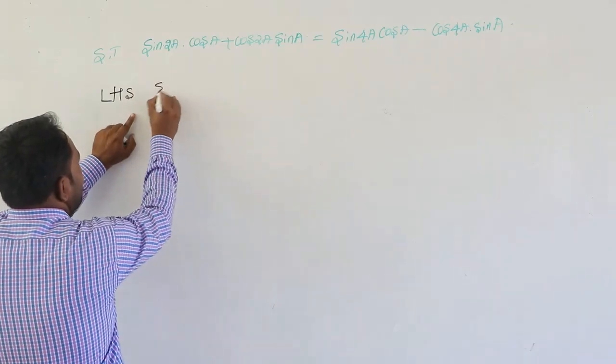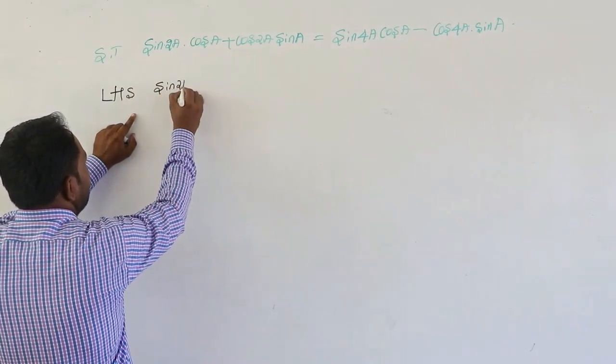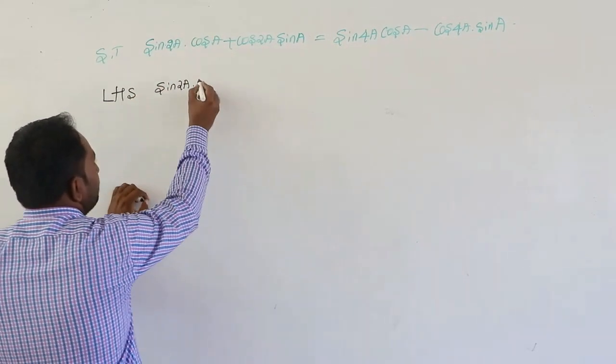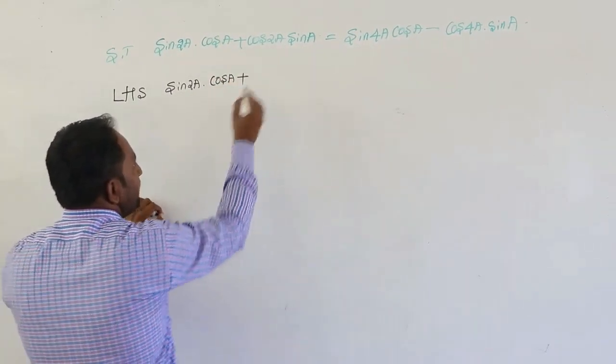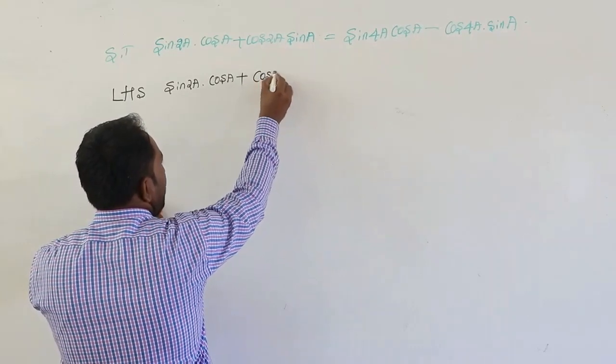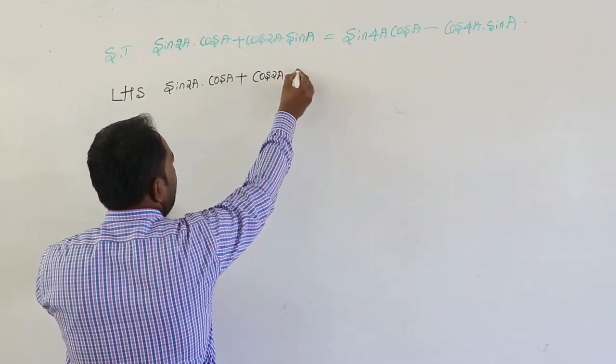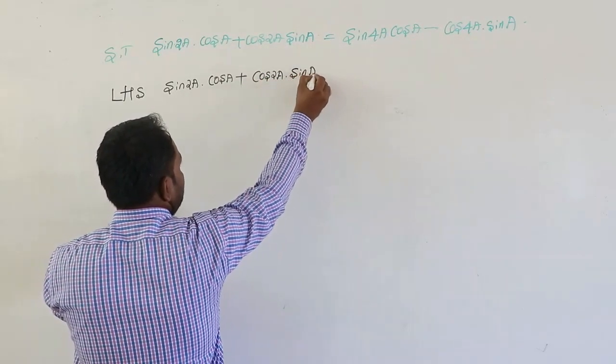LHS: sin of 2a into cos a plus cos 2a into sin a.